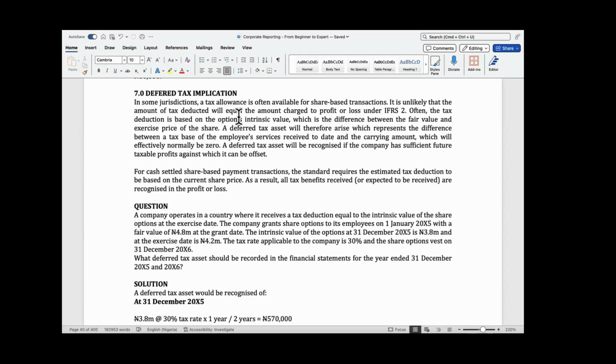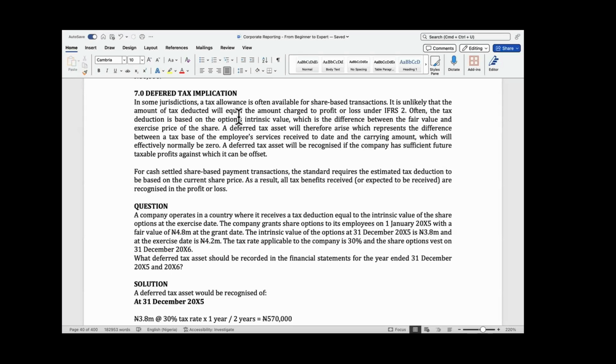So for us, the carrying amount is always zero. For share-based payment, especially equity settled, the tax base will be the intrinsic value, which is what the taxman would allow you to deduct as expense in the future. The carrying amount is zero.